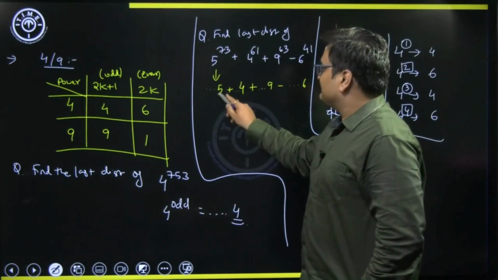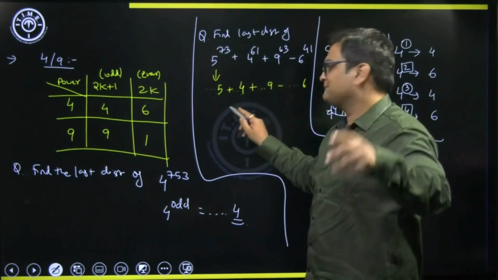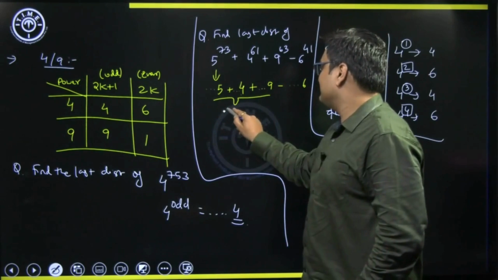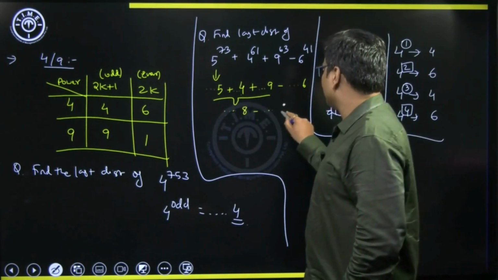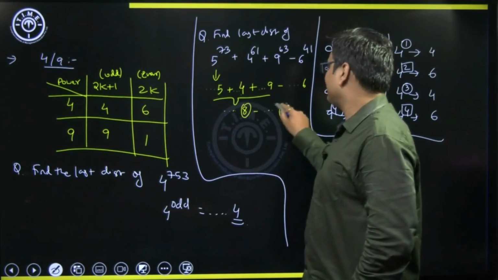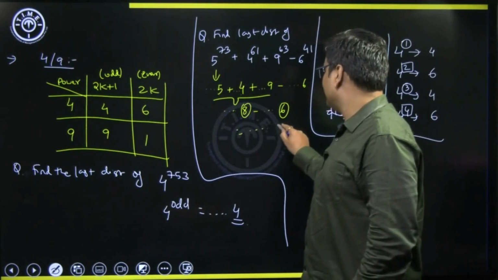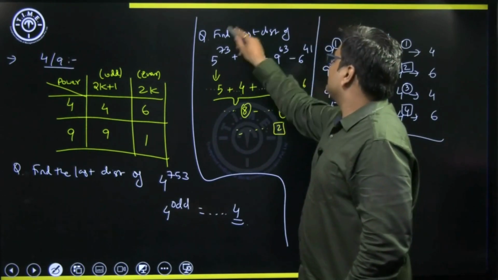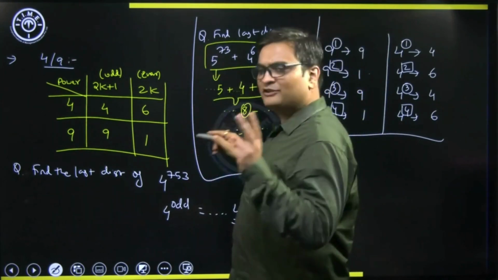So my answer, 5 plus 4, 9. 9 plus 9, 18. That means the last digit overall for the first 3 will be a number ending with 8, minus a number ending with 6. So 8 minus 6, we only work with last digit as I said. So my answer will be a number ending with 2. So the last digit of this number is going to be a 2.